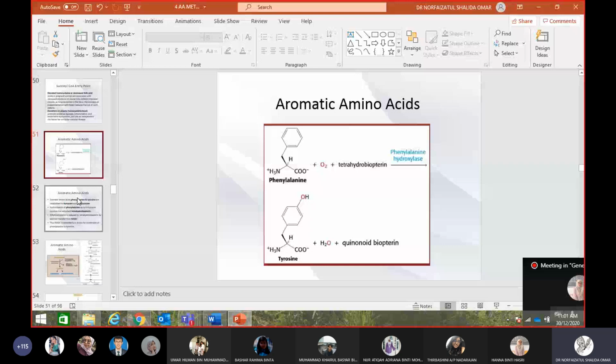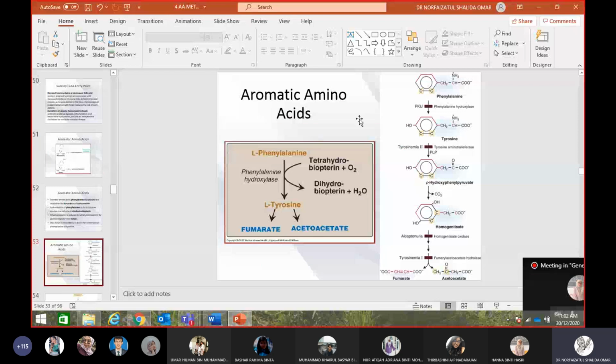This one is also important, the aromatic amino acids, because of the defect of phenylalanine hydroxylase. As you know, phenylalanine relates to which disease? If there's a defect of phenylalanine metabolism, it can cause what disease? Which inborn error is related to phenylalanine?